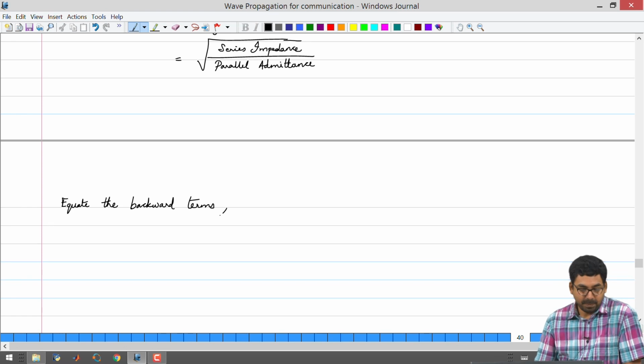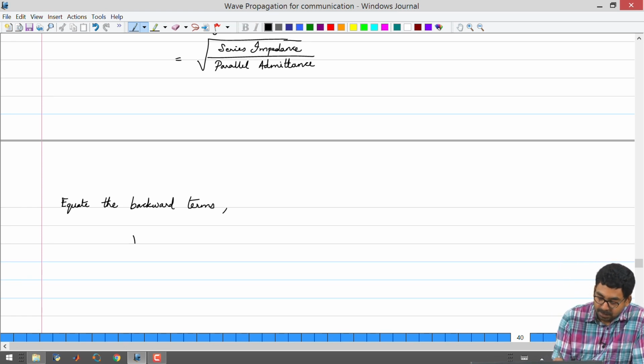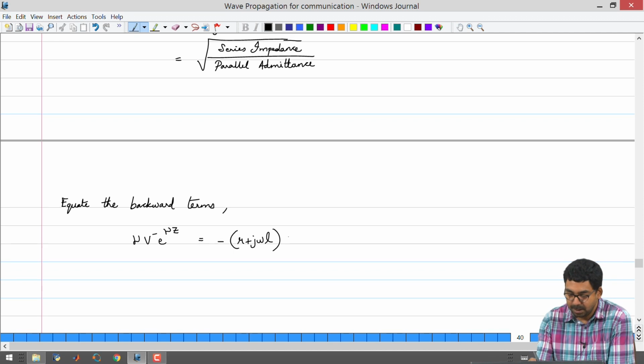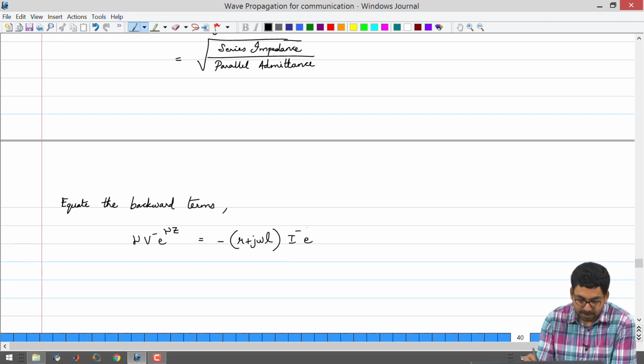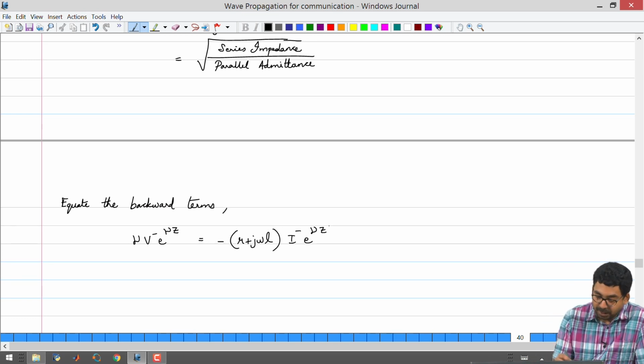When we equate the backward terms, the left hand side I am having gamma V minus e to the plus gamma z, and on the right hand side I have minus (r plus j omega l) I minus e to the plus gamma z. And the quantity that we are interested in is V minus divided by I minus.